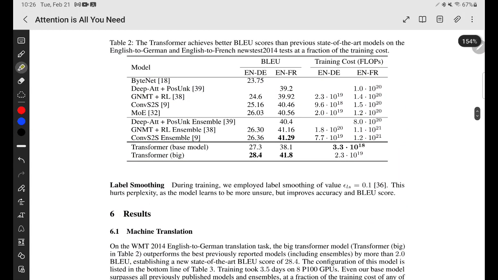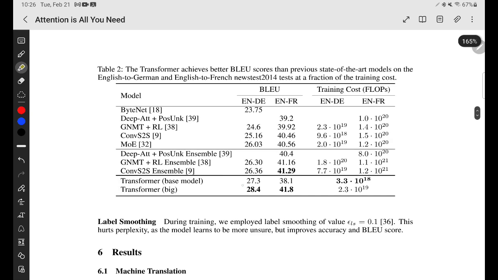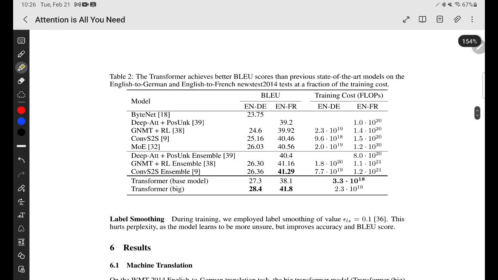Oh, those are here. So the transformer pretty much outperforms everything. And surprisingly, it does so with fewer FLOPs, but in reality, it has more FLOPs than architectures now. This is a 2017 paper. And it just shows how powerful this is, because before, the scores were like 24, 25, 26.